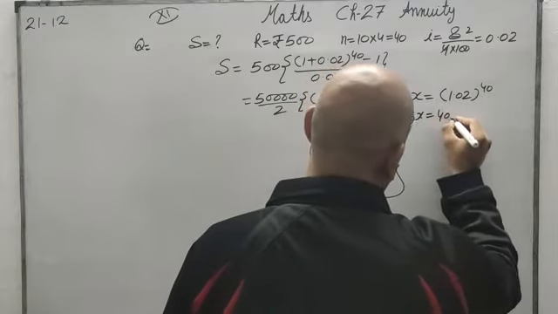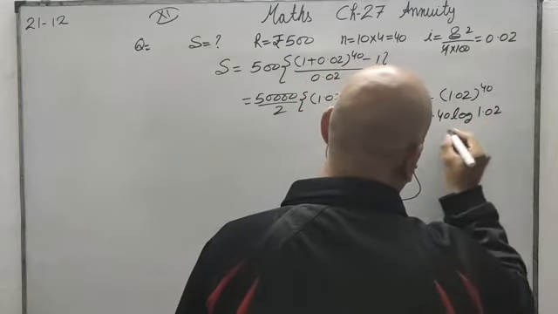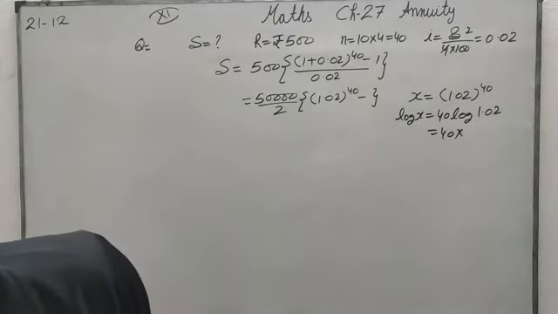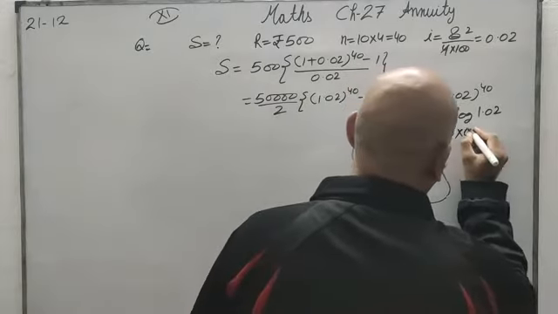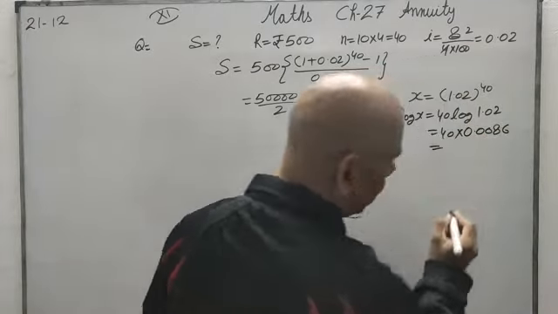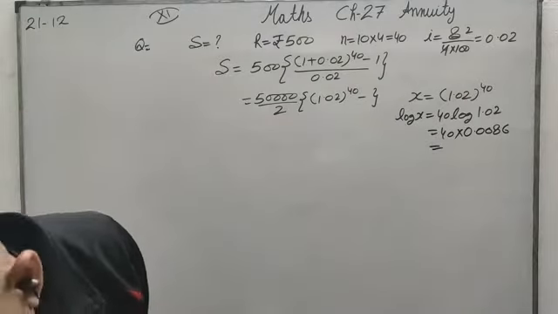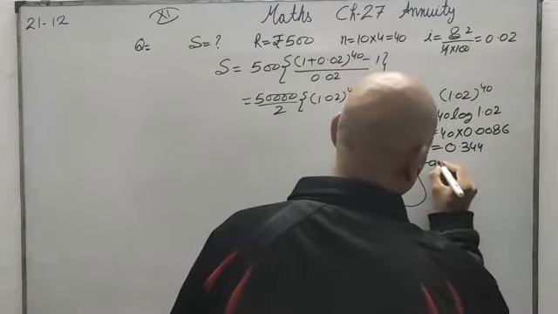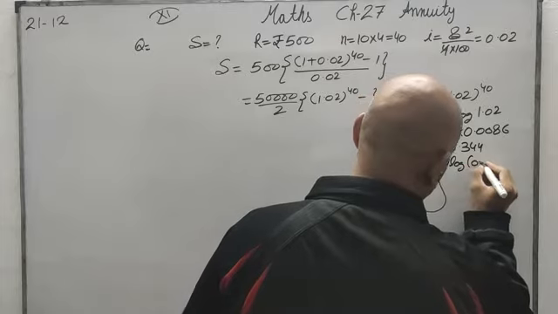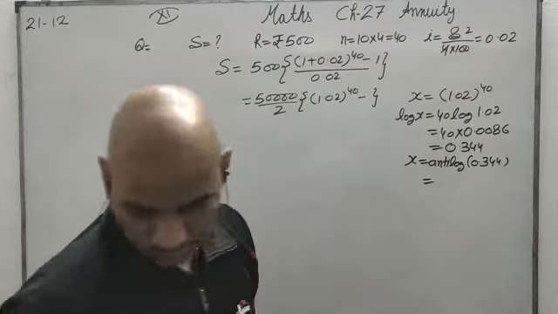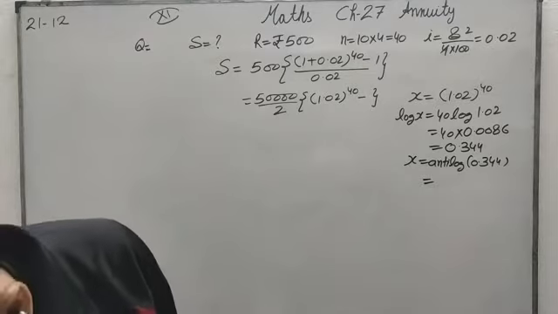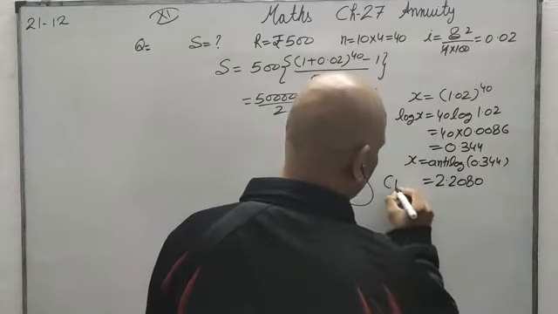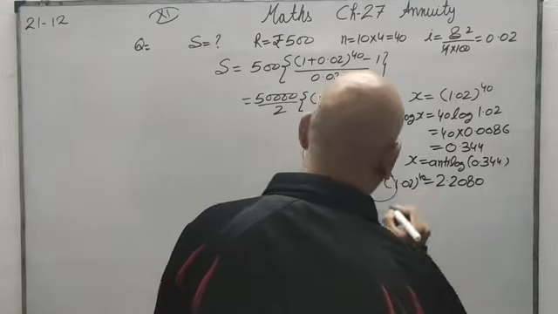Log x is equal to 40 log 1.02. 40 multiplied by log 1.02, which is given as 0.0086, and on multiplication we got 0.344. So x is equal to the anti-log of 0.344, that we are getting as 2.2080. So this is the value of 1.02 to the power 40.